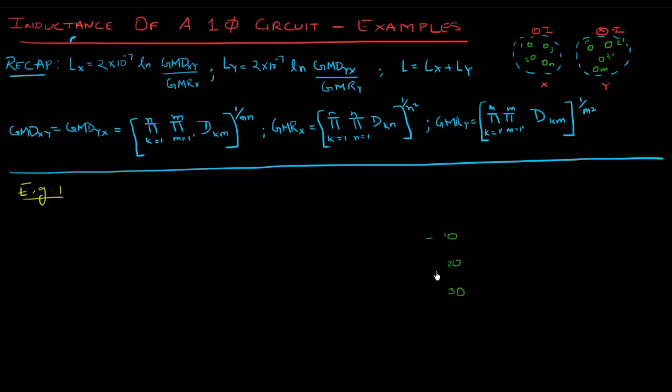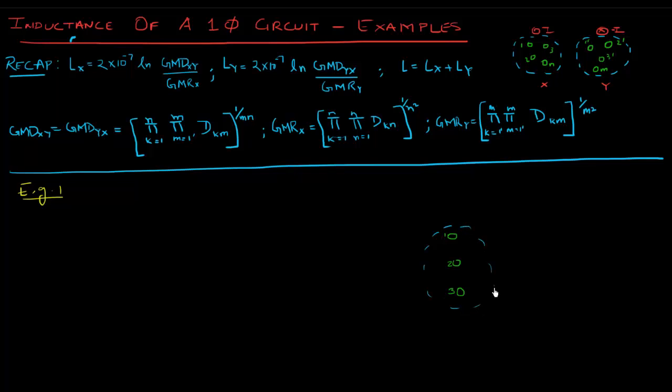Let the distance between strands 1 and 2 and 2 and 3 be 5 meters. Or let me actually first draw the conductor around them, just to make it clearer for you. And we'll try to keep it circular the best we can.